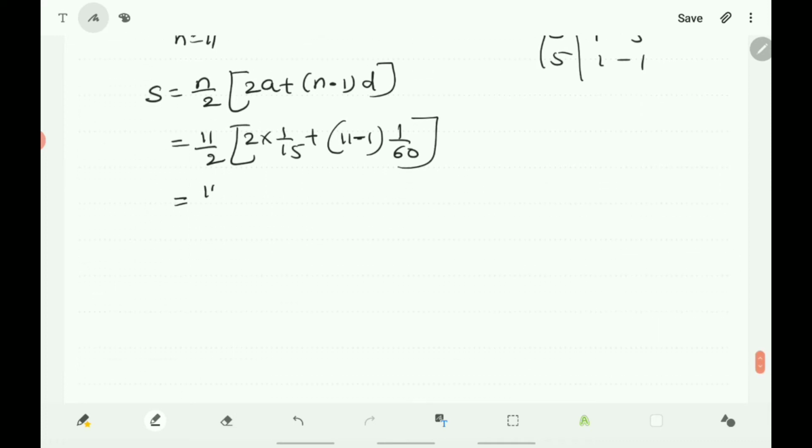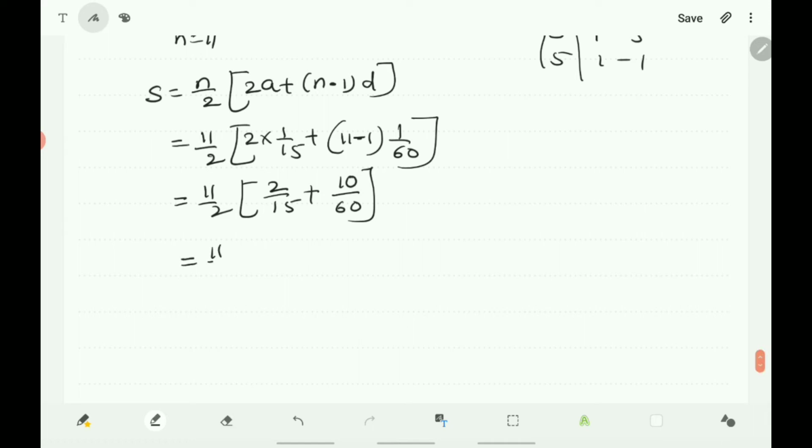So it is 11 by 2, 2 into 1 by 15 is 2 by 15, plus 11 minus 1 is 10, 10 by 60.